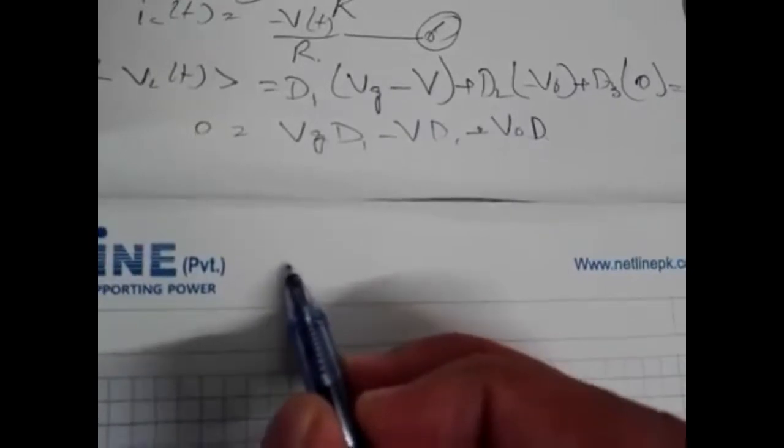From this we get Vg D1 minus V D1 plus minus V D2, so that will be equal to 0, which is Vg D1 minus V (D1 plus D2). So the conversion ratio will be equal to D1 by D1 plus D2.